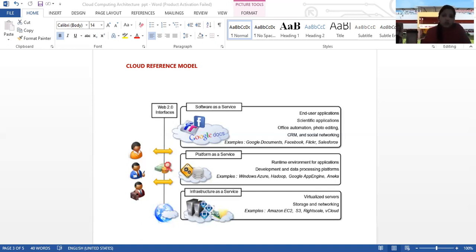Then software as a service is a cloud computing offering that provides users with access to vendor cloud-based software. Users do not install applications on their local devices. Instead, the application resides on remote cloud networks, accessed through the web or applications.